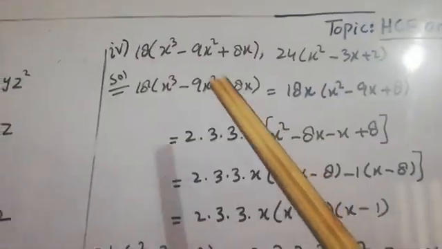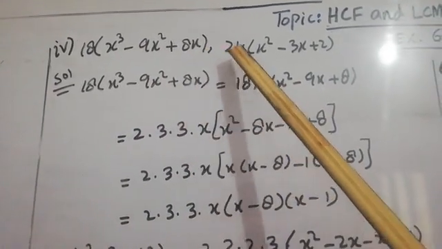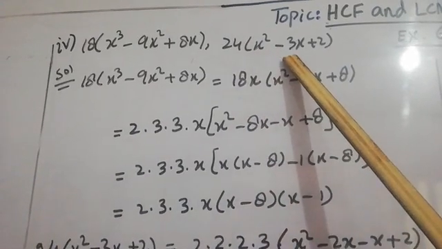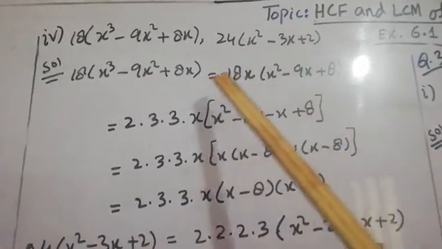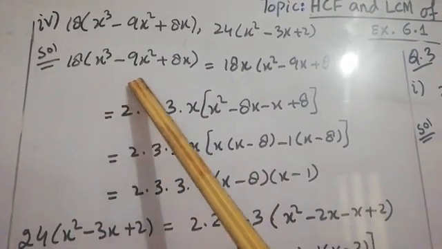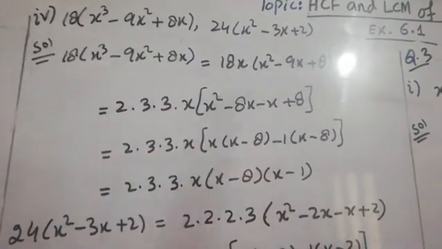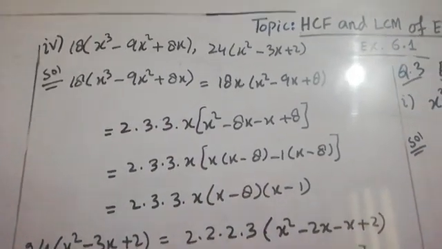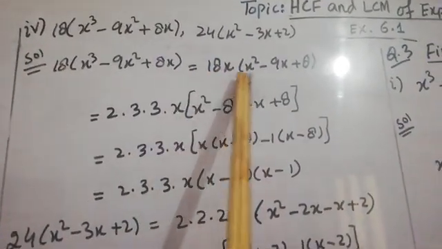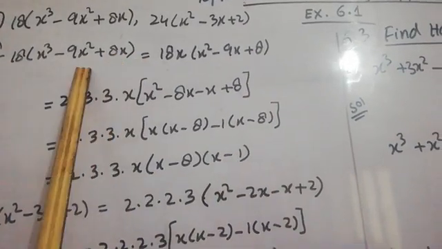Part number 4, 18x³ - 9x² + 8x, and second expression is 24x² - 3x + 2. Now, my dear student, first of all, we will write the first expression, and you can see that we can take x common from all these three values. We get x(18x² - 9x + 8) after taking x common.